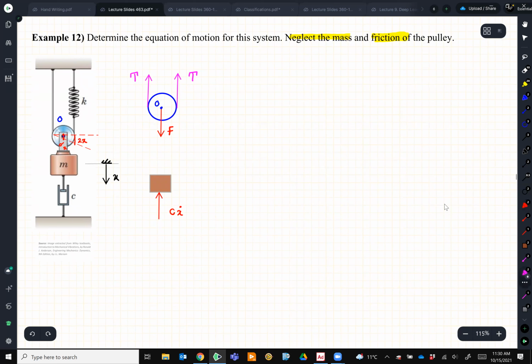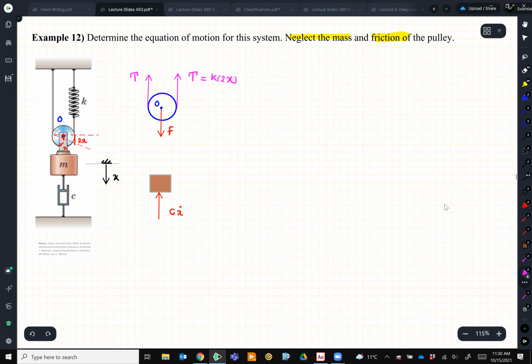Therefore, I can claim this T is equal to 2kx, right? Do you agree? Or it is k multiplied by 2x if you want to be really picky. Okay, stiffness multiplied by 2x.